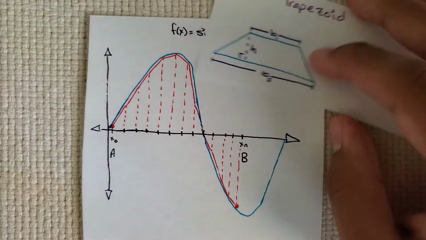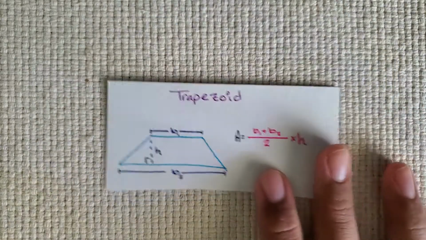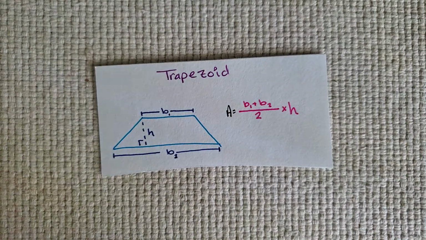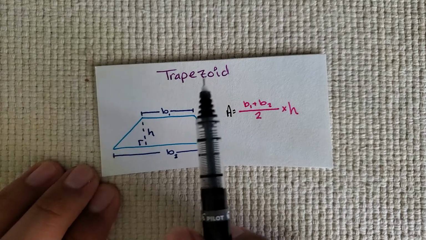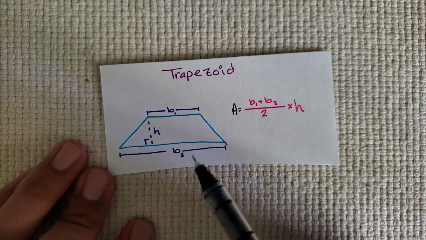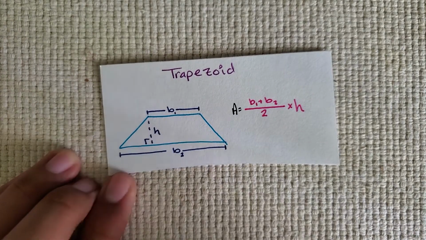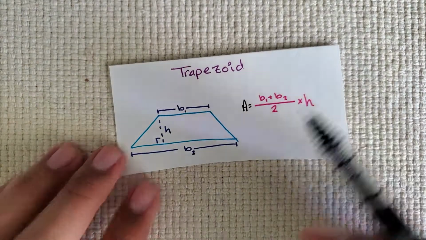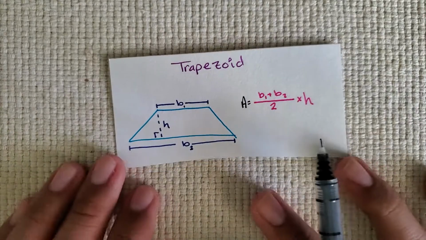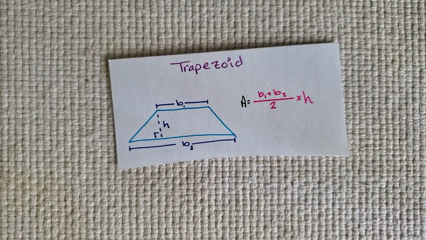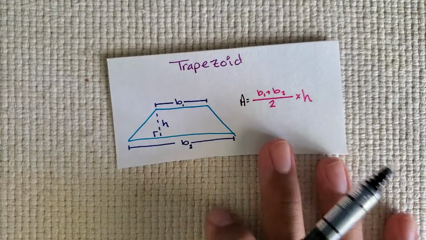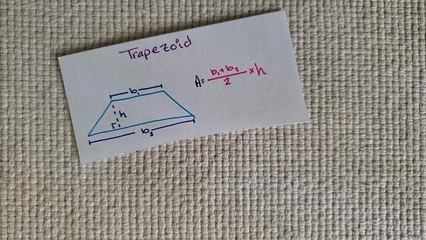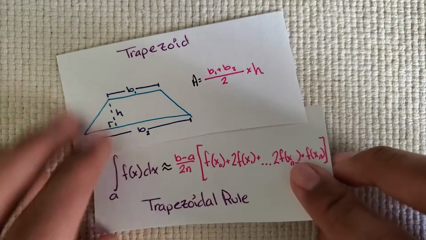Now, the area of a trapezoid comes back to this equation that you might have learned before, which states that the two bases added together, then divided by 2 and multiplied by the height of that trapezoid will, in fact, give you that area. Now, if we were to take this and manipulate it in such a way to find the area of multiple trapezoids, we come to what is familiarly known as the trapezoidal rule, as seen here.